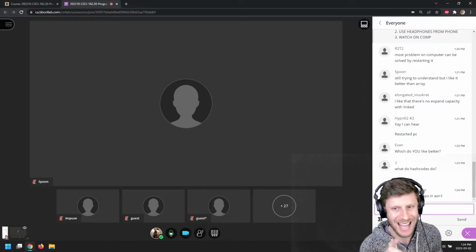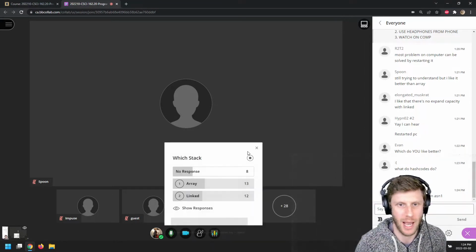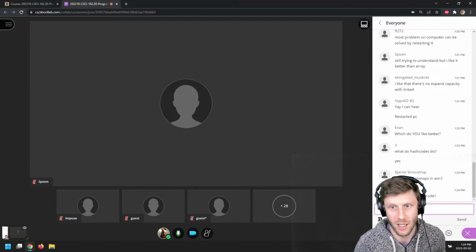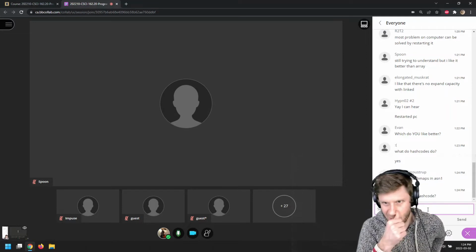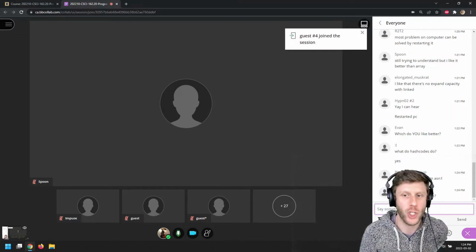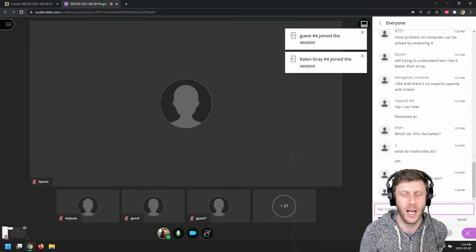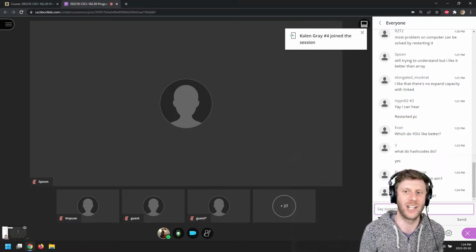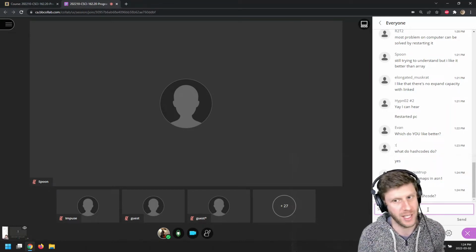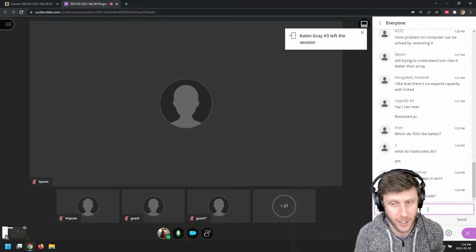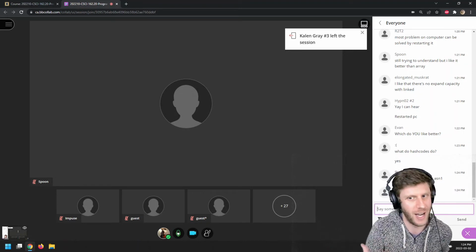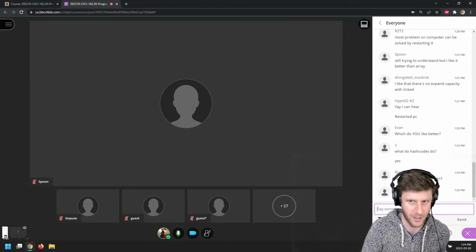The hash code is used for making the hash map. So if you want to put something in a hash map or a hash set, or even thinking back to Python, if you want to put something in a dictionary, it has to have a defined hash code for that object.